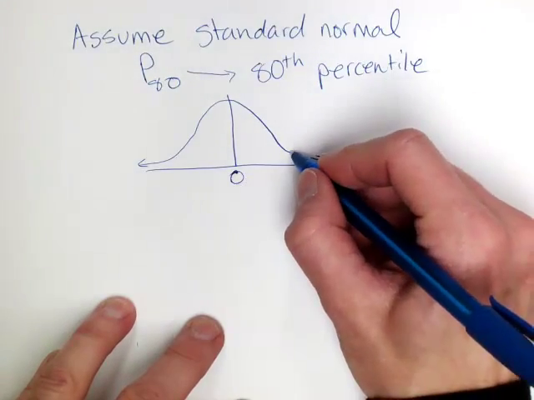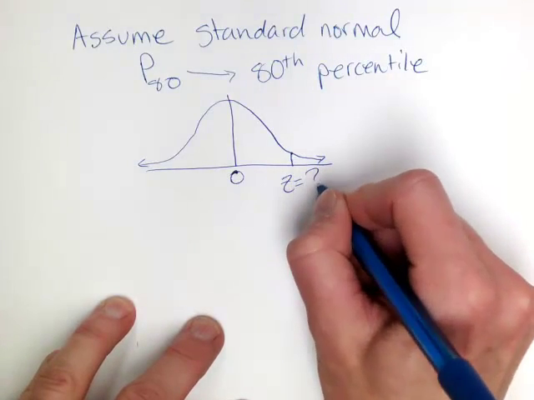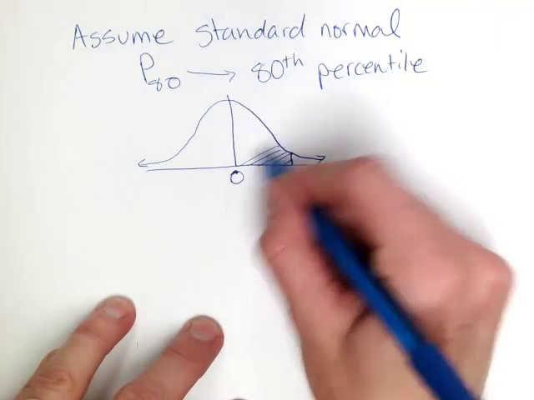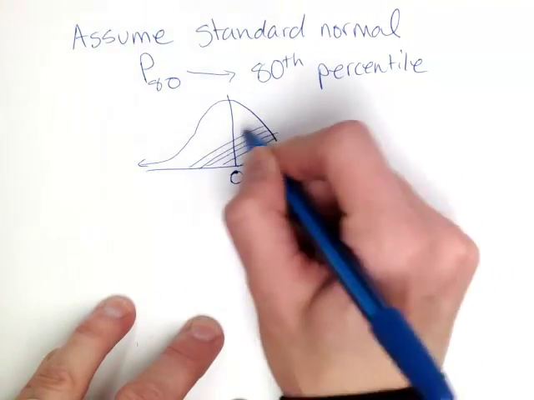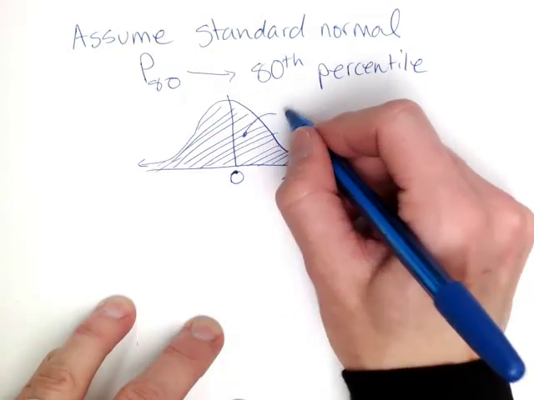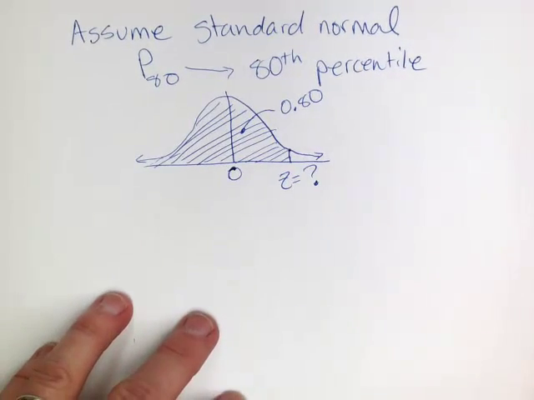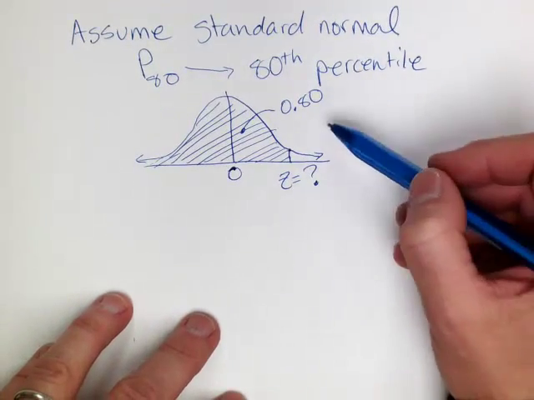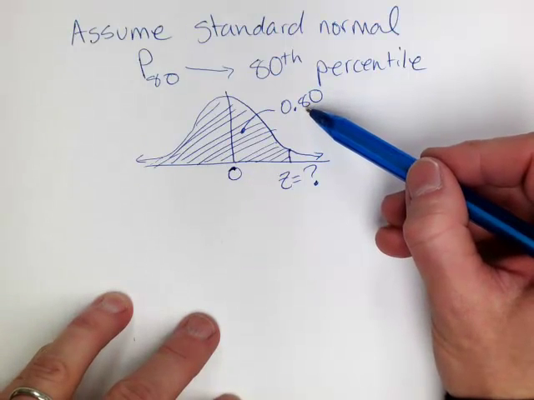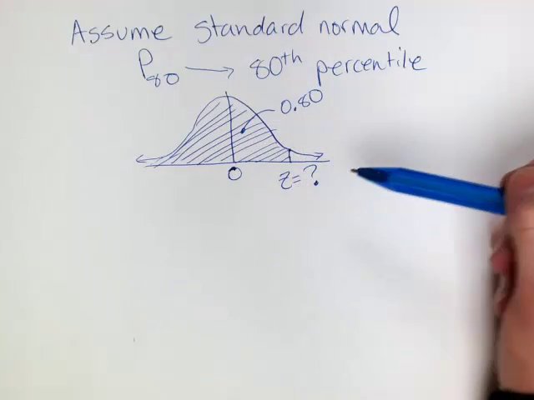What the 80th percentile means is I want this z-score to separate this running total of 80% of the z-scores, 0.8 here, from this upper tail of 20%. So in this problem, we're given the area first, and then we want to get the corresponding z-score.